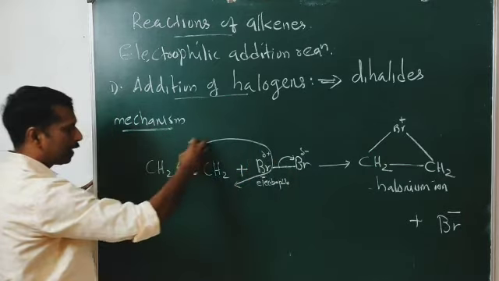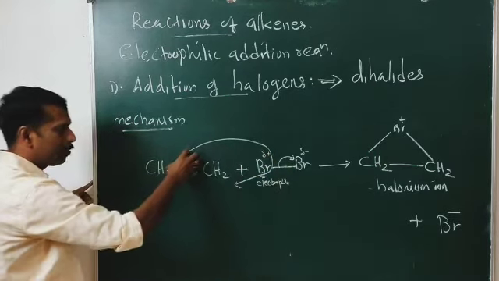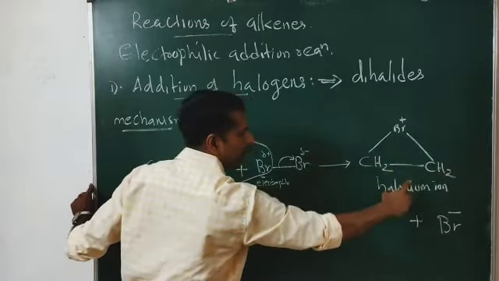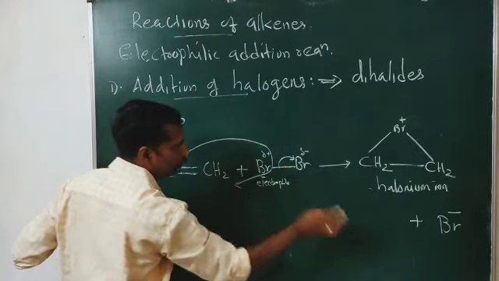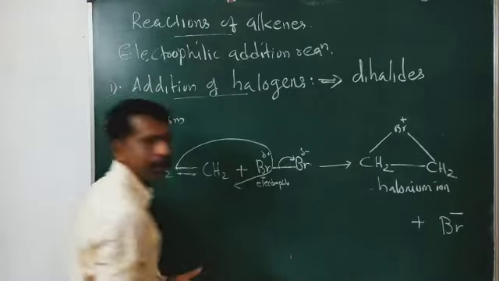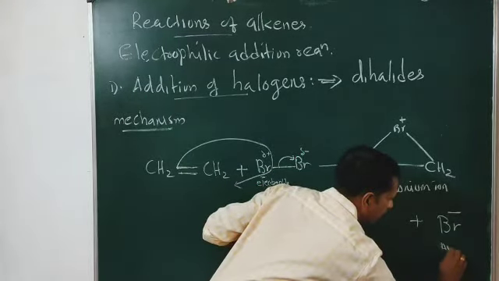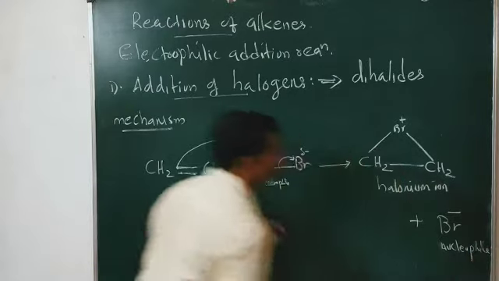It is abstracted into the pi system of the alkene, which results in the formation of a cyclic halonium ion, and at the same time this bond is migrating to this Br, so it is changing into Br minus. Now this Br minus is acting as a nucleophile.